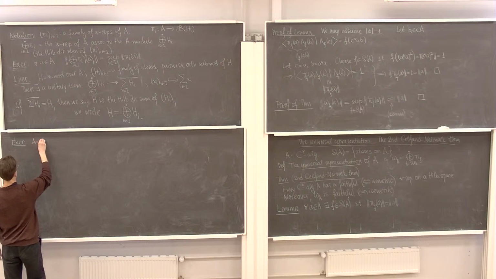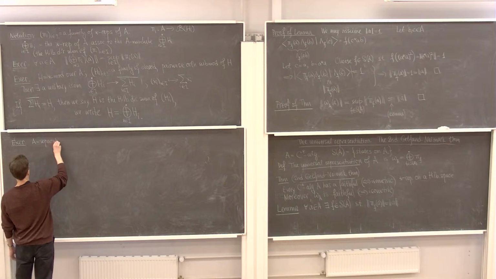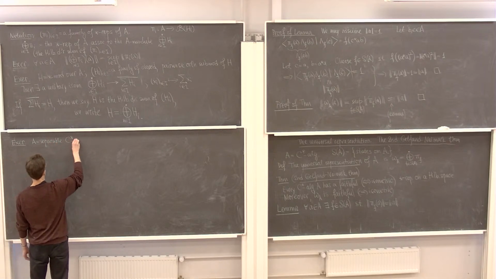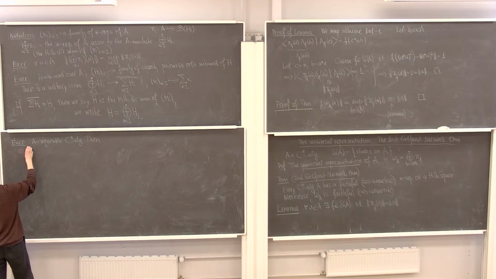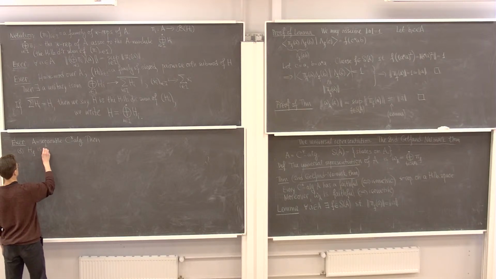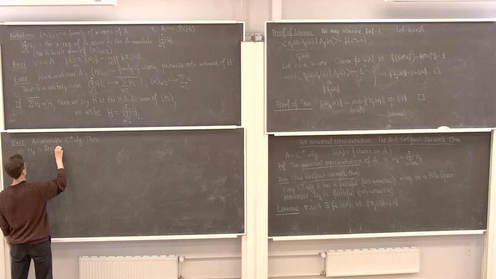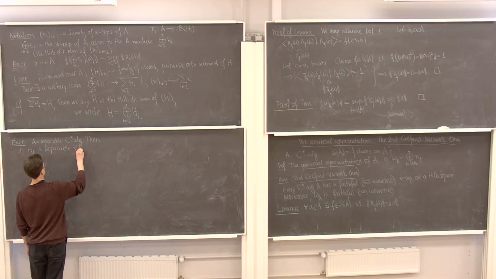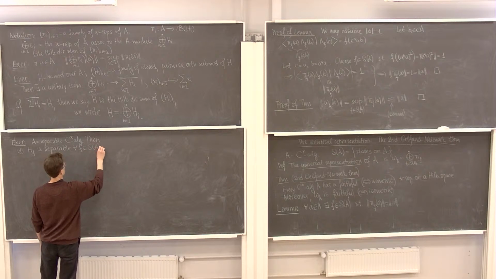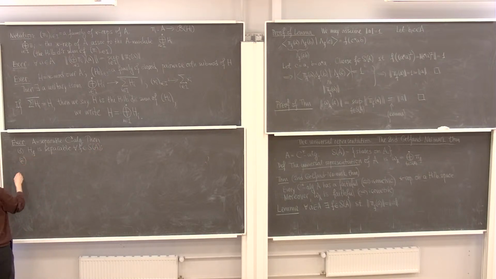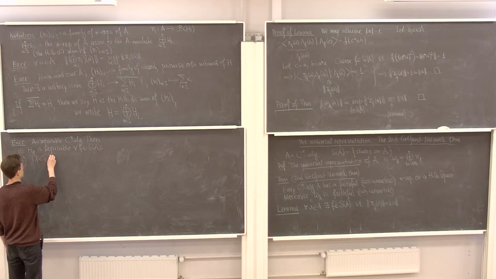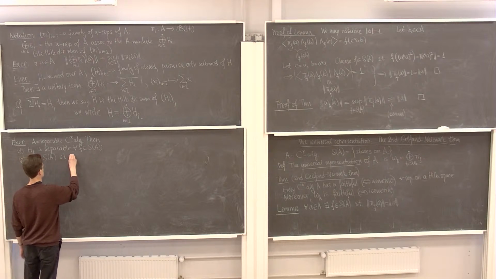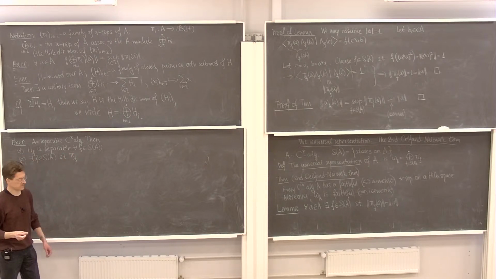Suppose that A is a separable C-star algebra. Then, first of all, I claim that all Hilbert spaces H_f are separable, for every state. And moreover, we can choose a state f on A in such a way that the GNS representation pi f is already faithful.